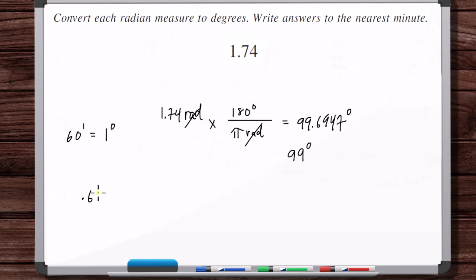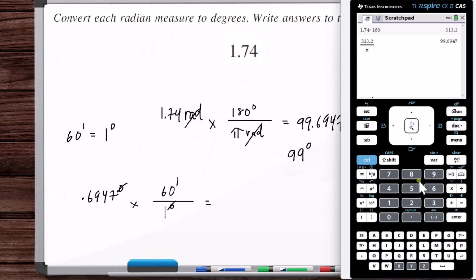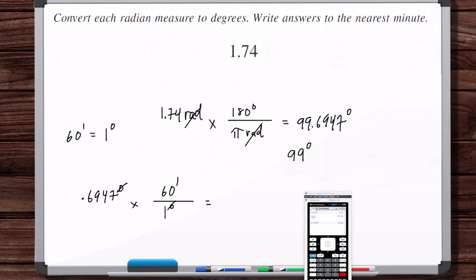So if we want to convert 0.6947 degrees to minutes, how can we do that? Well, there's 1 degree for every 60 minutes. So 60 times 0.6947. So 41.682 minutes.